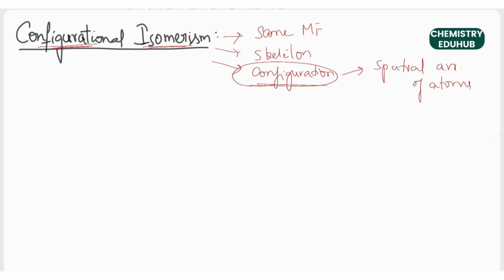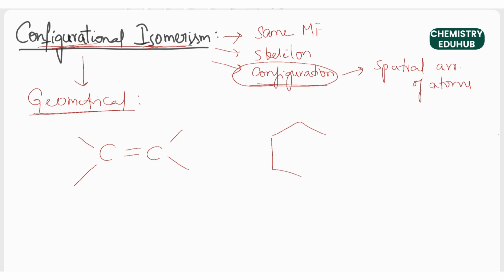Now the first type of configurational isomerism is geometrical isomerism. It arises due to non-convertibility at room temperature. For example, in geometrical isomerism, we have a carbon-carbon double bond. This carbon-carbon double bond or a cyclohexane ring is not interconvertible.